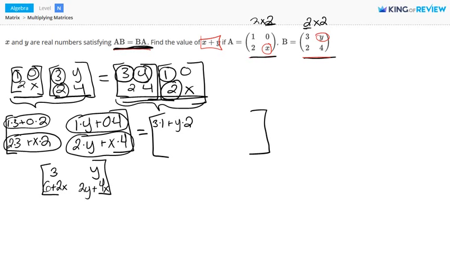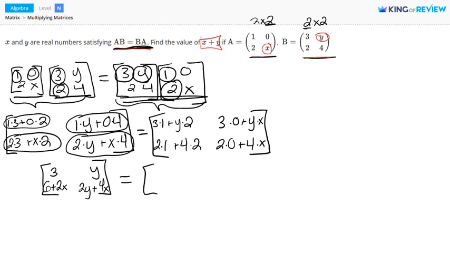And following in the same fashion, we have 2 times 1 plus 4 times 2. For the second column, we have 3 times 0 plus y times x. And the last entry is 2 times 0 plus 4 times x.